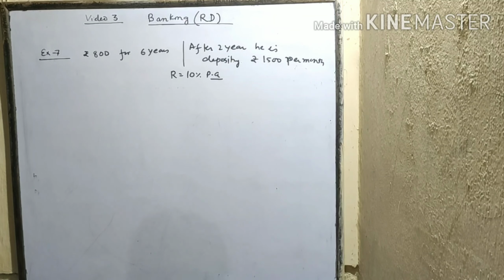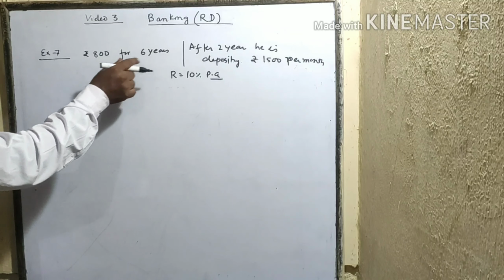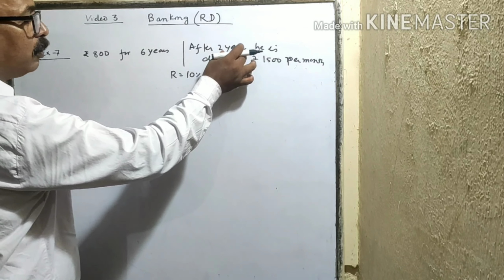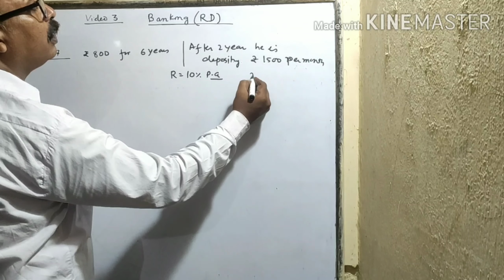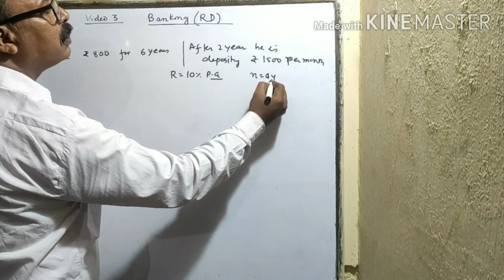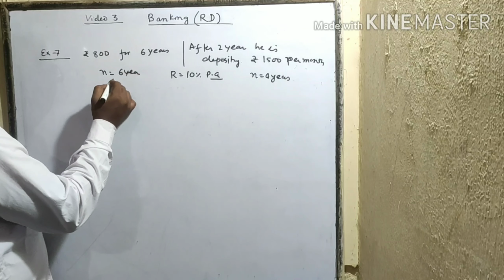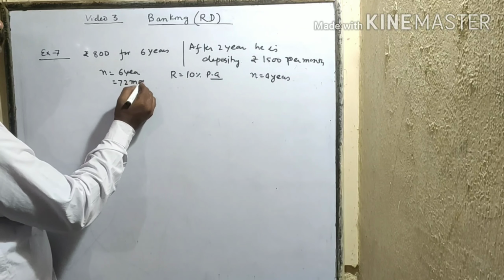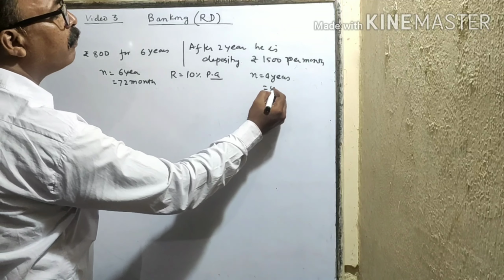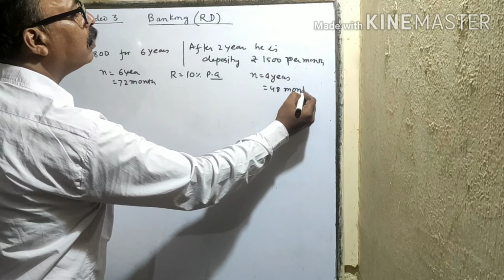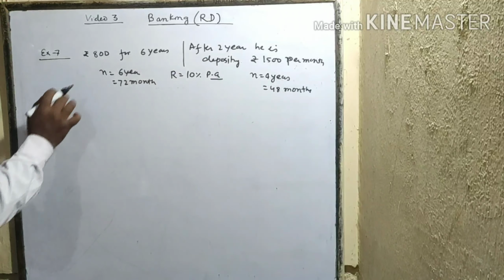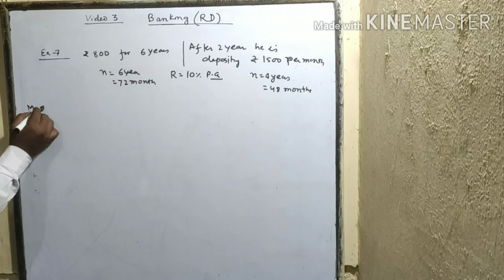So at first this money is deposited for 6 years, but this is deposited only for 4 years. So time duration here is 4 years and n is here 6 years, means 72 months, and this will be 48 months. So for this case we'll find out maturity value.